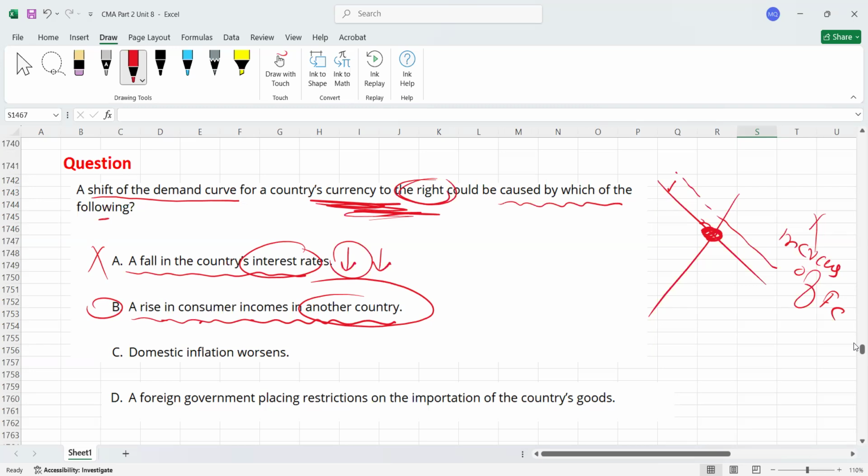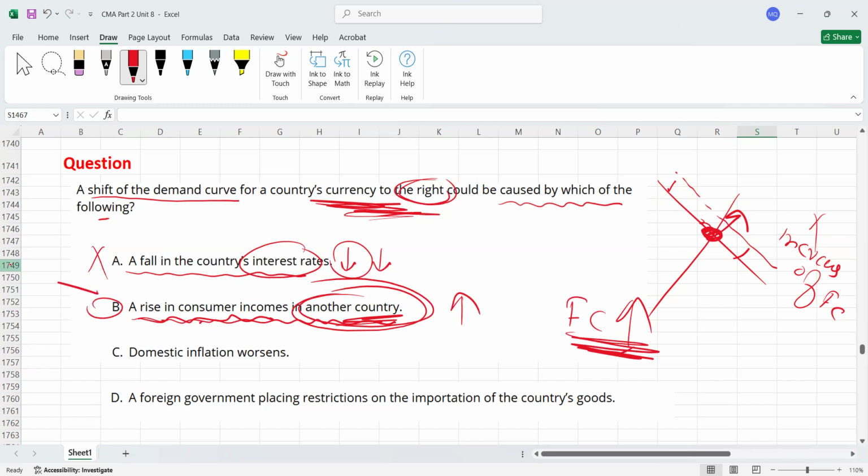Obviously, the demand for your currency will increase, because your currency is foreign for those people. A rise in consumer income in another country means your currency becomes foreign for that country. So if income in another country increases, demand for foreign currency will increase and the demand curve will move to this side. And it is the correct answer.